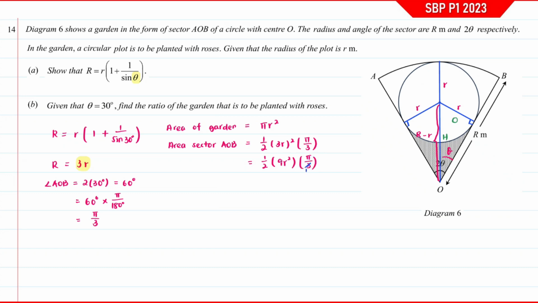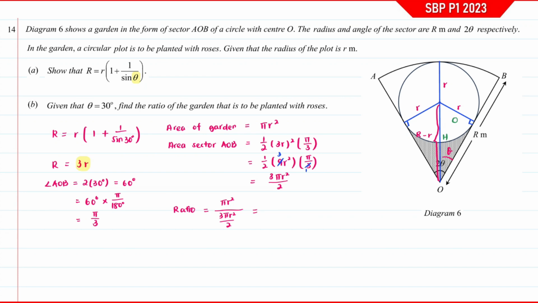So here we can simplify the 3 and the 9. Then the area will be 3 pi r squared over 2. So here the ratio of the area of the gardens to the area of the sector AOB will be pi r squared over 3 pi r squared over 2.